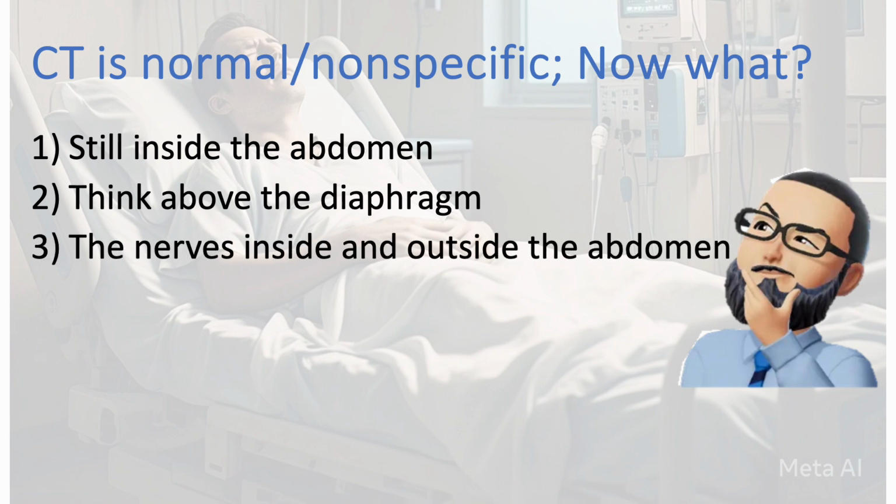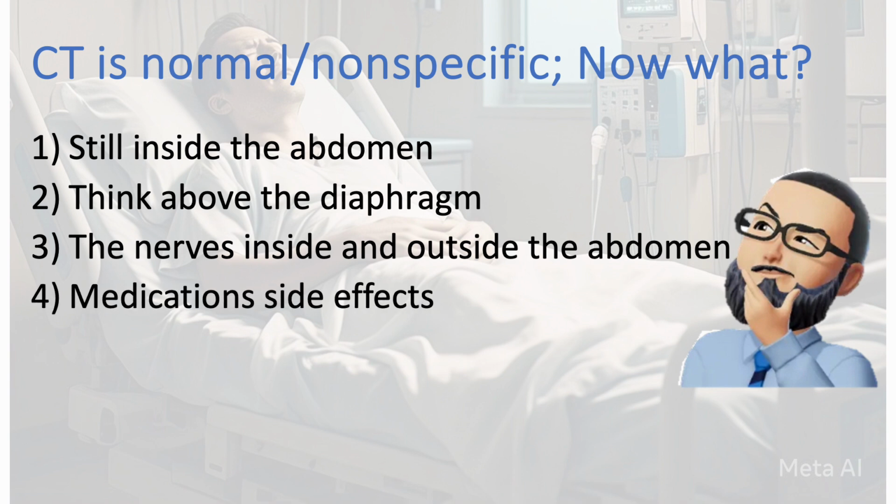And then I always keep in mind the nerves that supply the abdominal wall or abdominal cavity. Sometimes these might present early without gross findings in imaging. So keep those in mind. We'll talk about that. And then, of course, medication side effects.